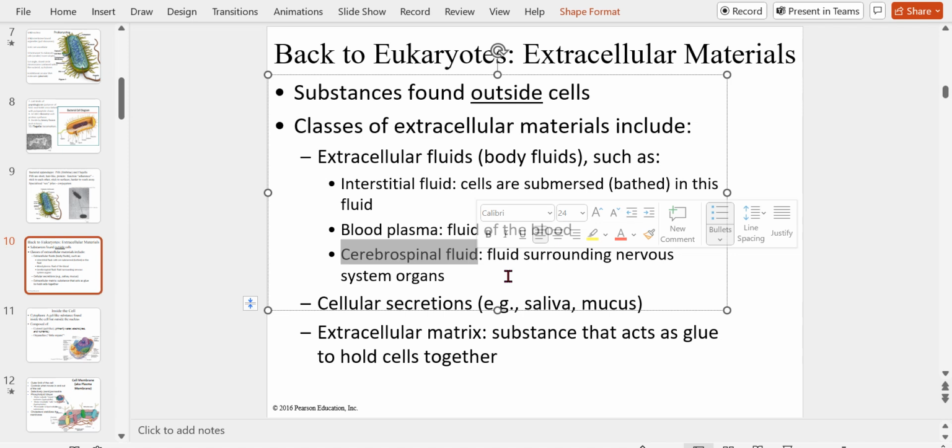It's kind of like when you go swimming, you don't weigh 100 kilograms anymore, you only weigh 50 kilograms. The water creates buoyancy. The water does the same thing with the brain. Cellular secretions, saliva, mucus, and extracellular matrix substances that act as glue to hold cells together.